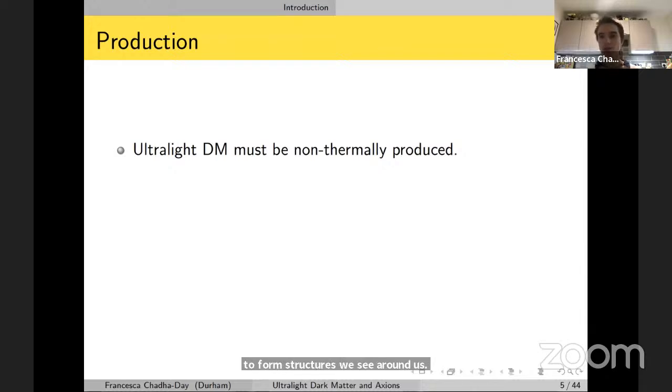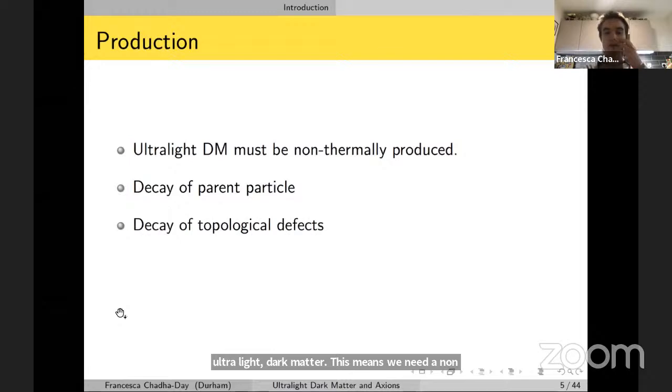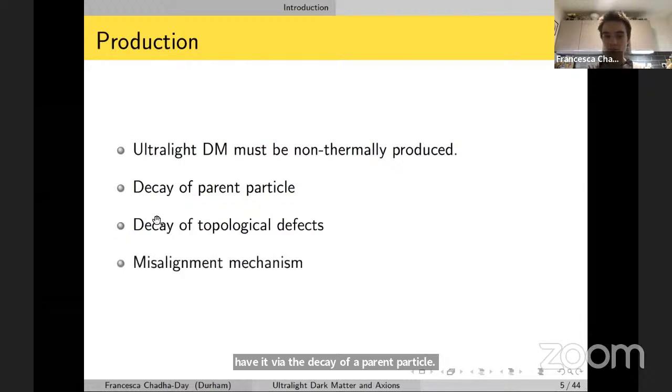We know dark matter must be non-relativistic, and for ultralight dark matter, this means we need a non-thermal production mechanism. So there's a number of ways we could do this. We could have it via the decay of a parent particle, via the decay of topological defects, or via the misalignment mechanism, which is particular to dark matter that can be described by a scalar field, such as axions.